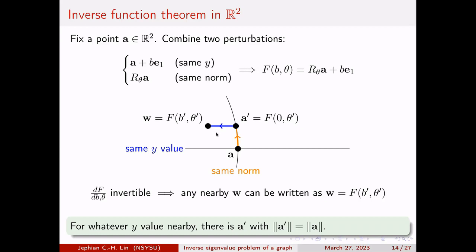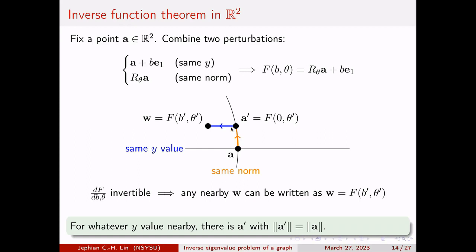And the nice thing is that if you look at the intermediate point, you perturb it by the rotation and then perturb it by the horizontal perturbation, and before that, you just reach an intermediate point.